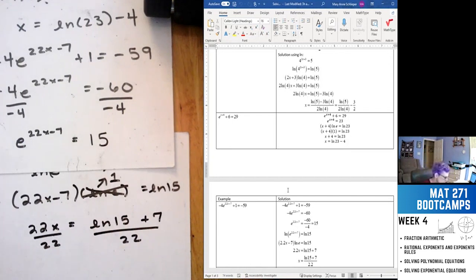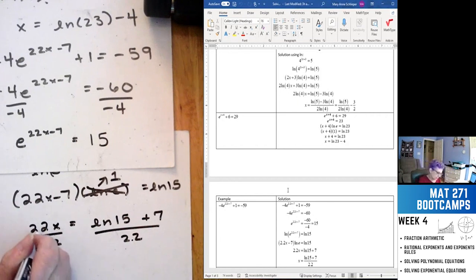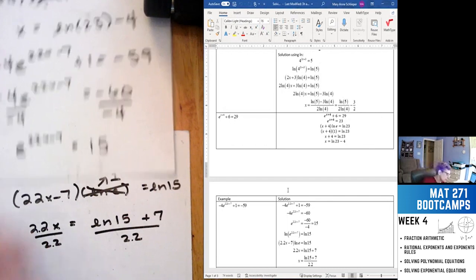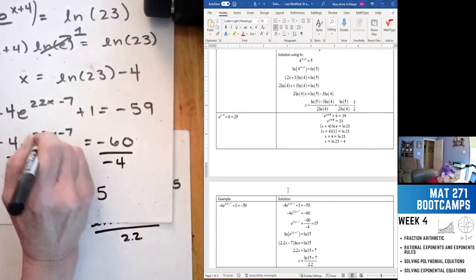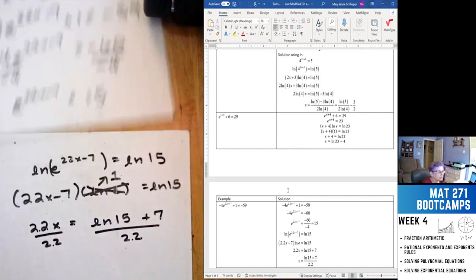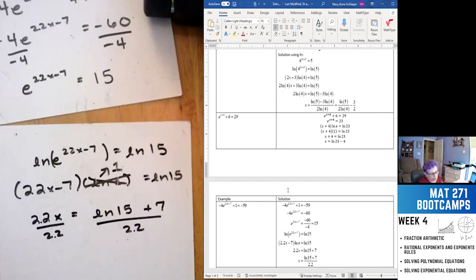Oh, that was supposed to be 2.2. So, questions? The 2.2, are you saying from the whole beginning of the problem? Yeah, it was supposed to be 2.2 from the very beginning. I thought there was some rule with the logs. I was like, no, there's not a rule. It was just that my eyes are old.